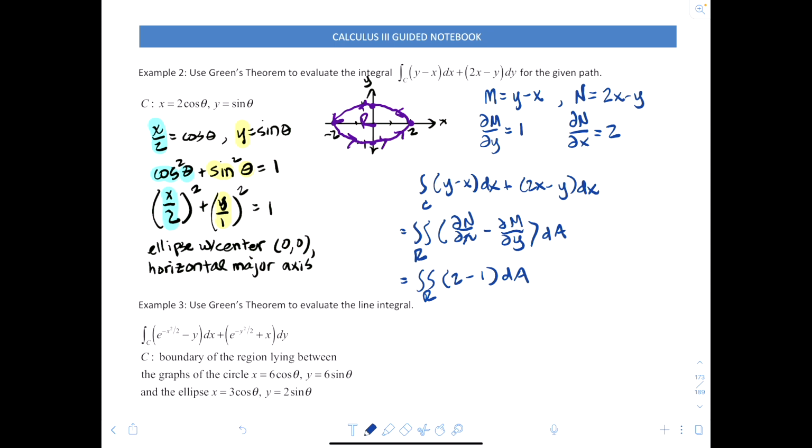But what is this? If you recall, this is an ellipse, right? So what is the area of that region? The area for an ellipse is equal to pi times a times b, which in our case, a is 2, b is 1, so we're going to get 2 pi, right?